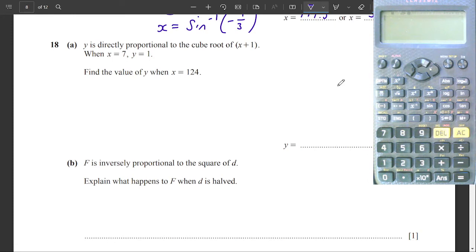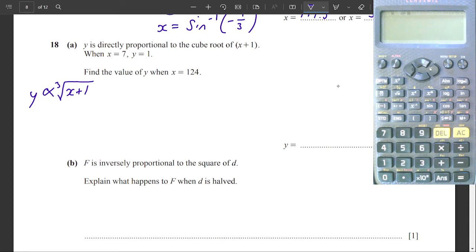Question 18, proportion. Let's put that first sentence in mathematical language. Y is directly proportional to the cube root, not square root, cube root of x plus 1.